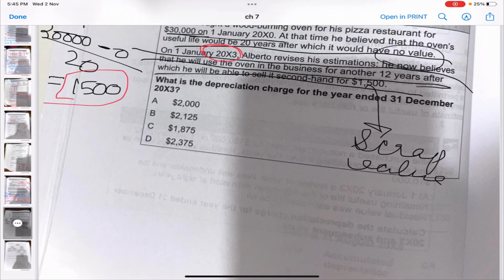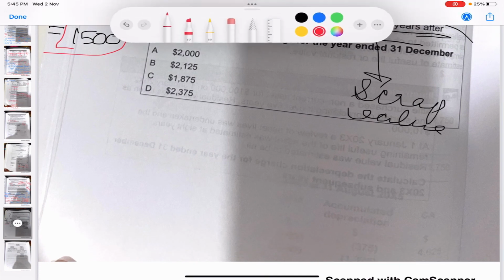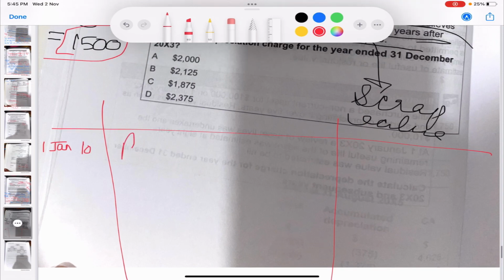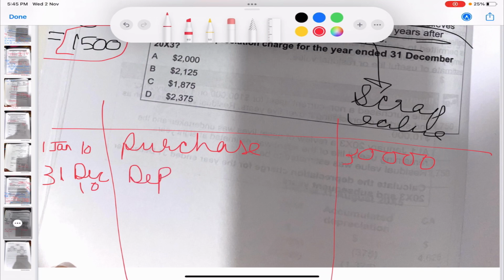So let's start making our ledger. Depreciation is 1500. We calculated it over here.